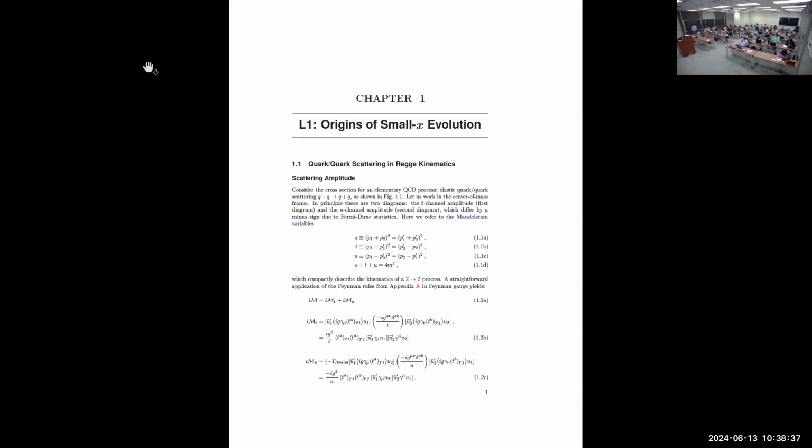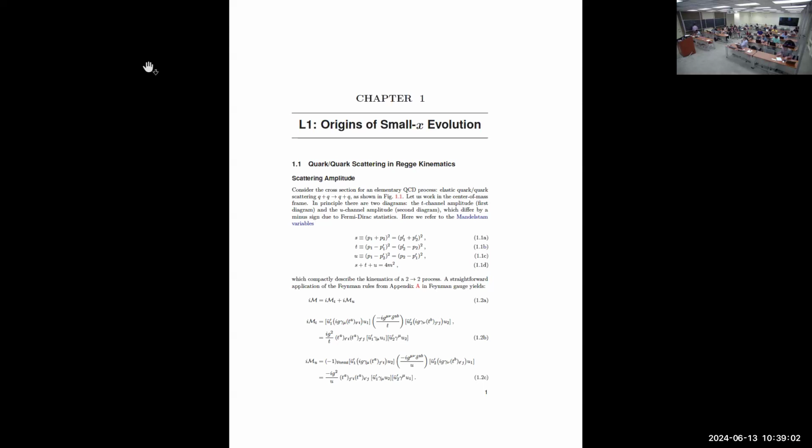That's to be contrasted with Bjorken kinematics, which is what we usually think about for deep inelastic scattering. That's the non-small x limit. So Regge kinematics is the limit of small x, and Bjorken kinematics is the limit of large x.